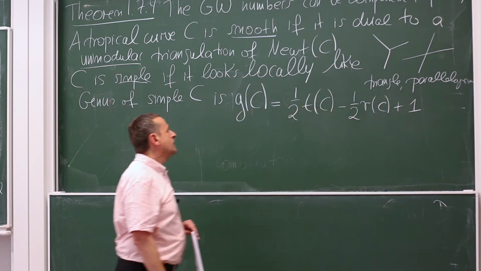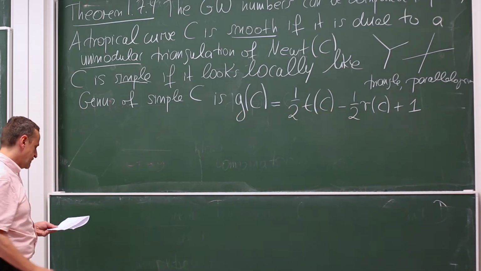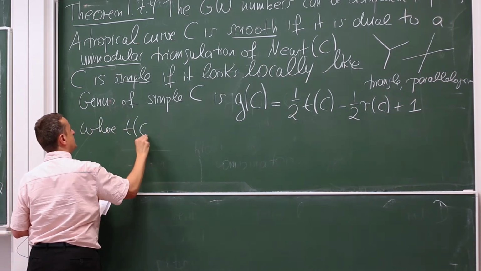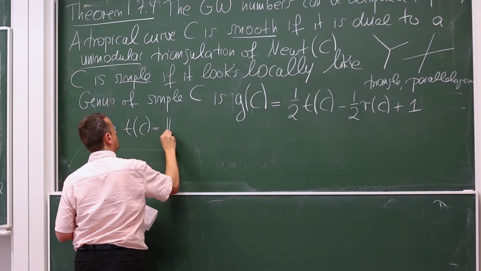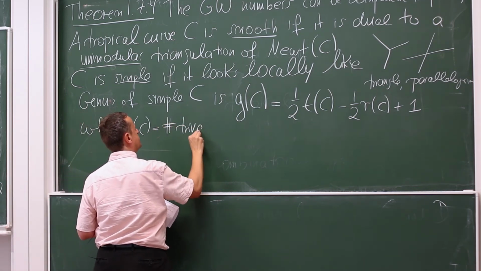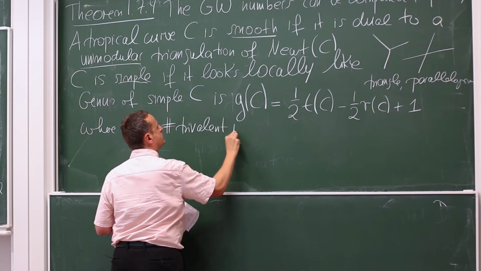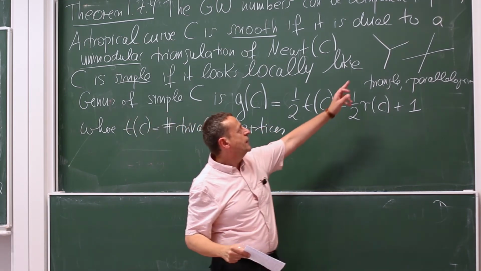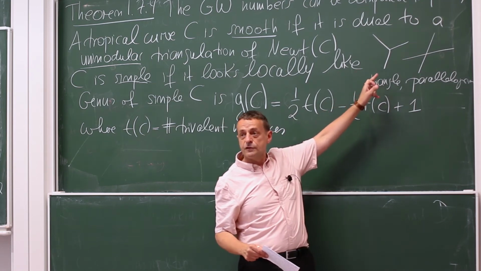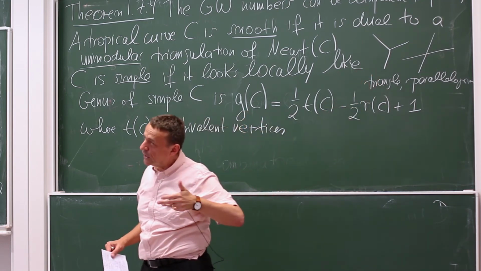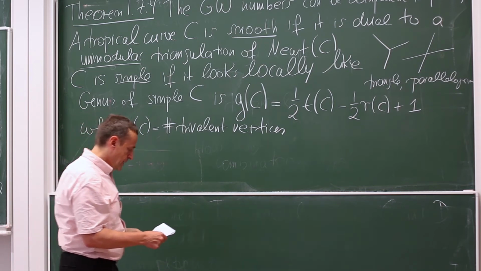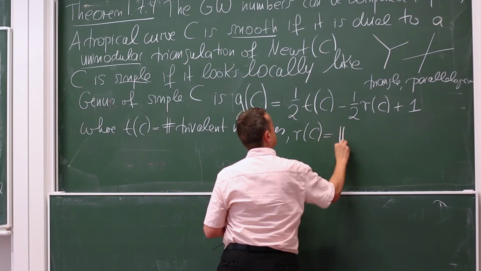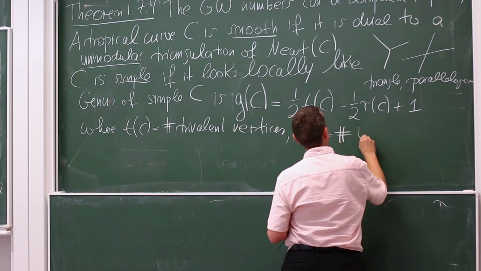Okay, so T and R will be integers, and they are as follows. So T of C is the number of trivalent vertices. T for triangle, you count how many trivalent vertices you see, or equivalently how many triangles you see in the subdivision. And then R is for ray. R of C is the number of unbounded edges.